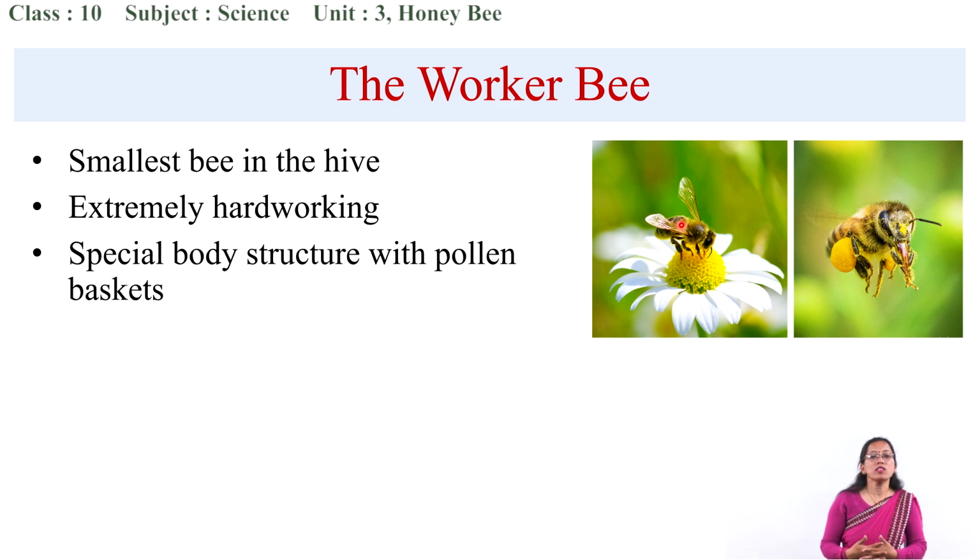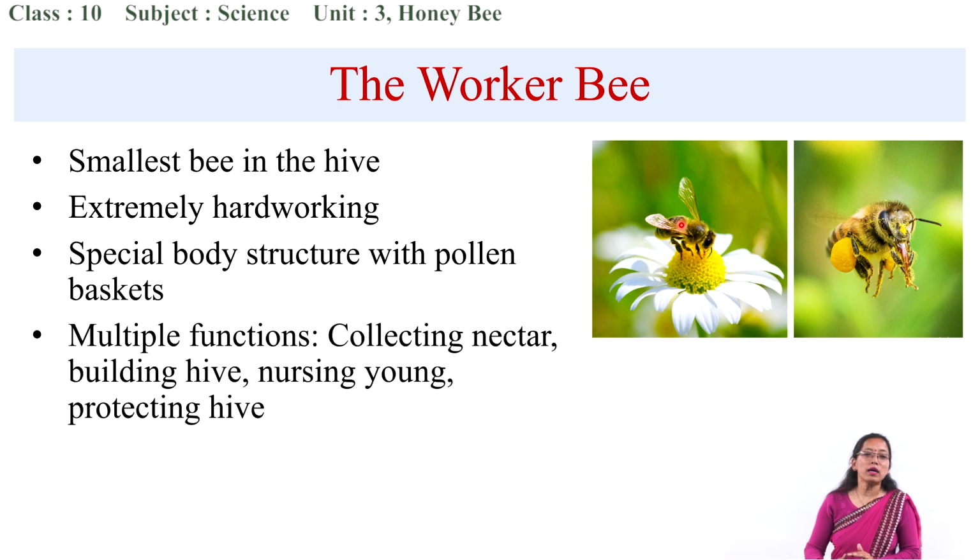It has a special body structure that helps to collect the pollen, called the pollen basket. Similarly, it has multiple functions. Just now I said collecting nectar, building the hive, nursing young. That means it feeds the larvae of the honeybee also. And it also protects the hive from enemies.